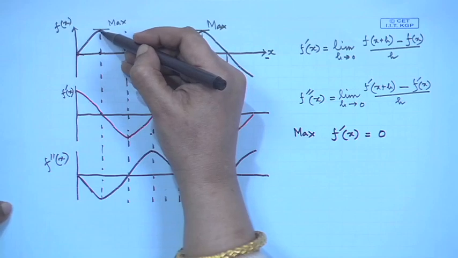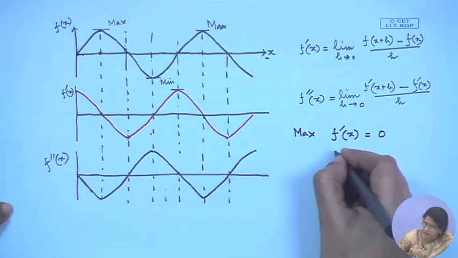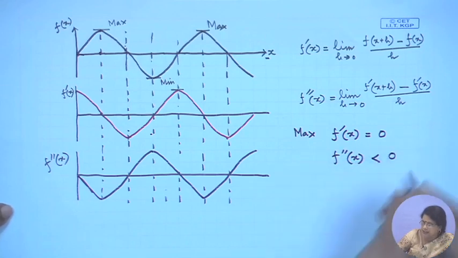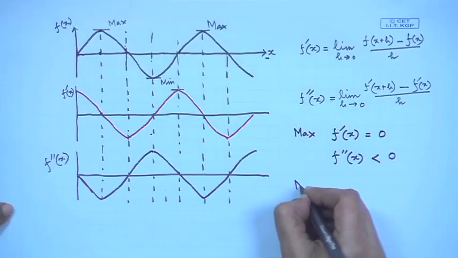You are seeing that the second order derivative of the function at the maximum point is coming negative. You must have learned this in your school time, that at the maximum point of a function the second order derivative is negative. What about the minimization function?